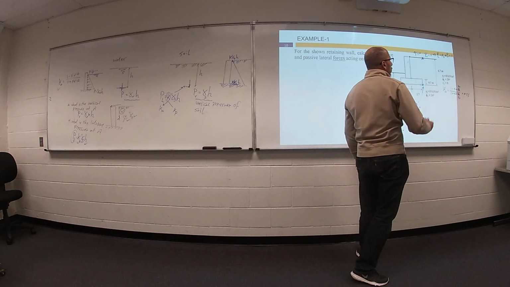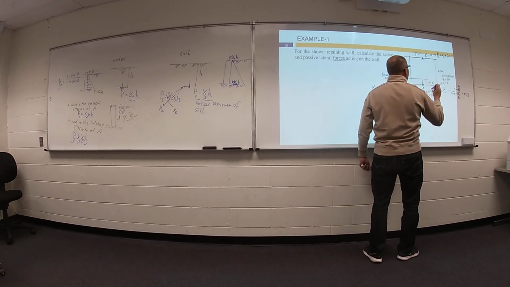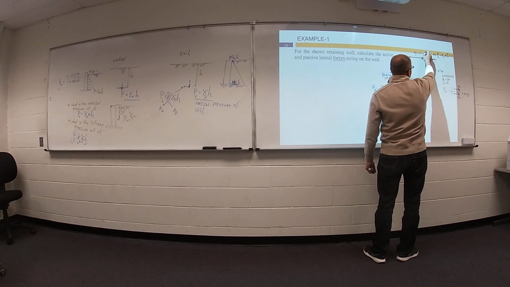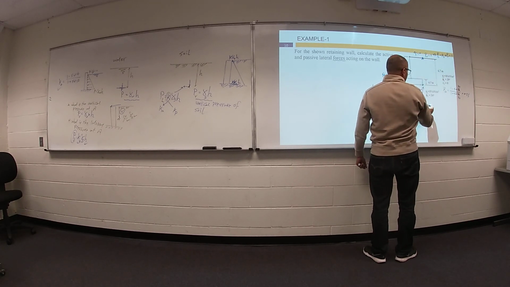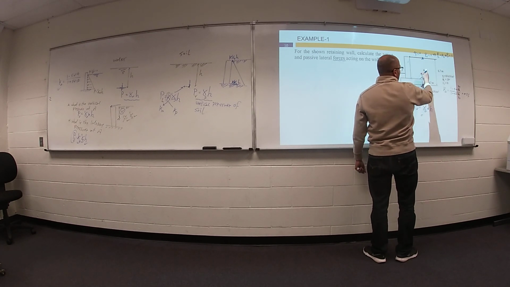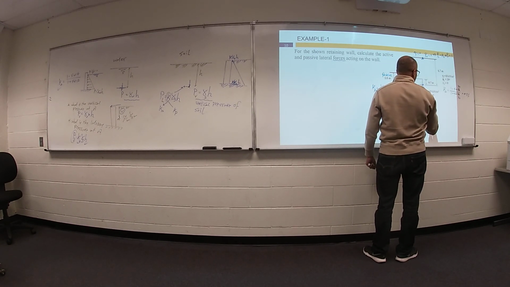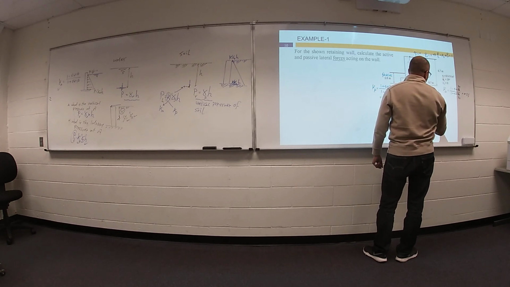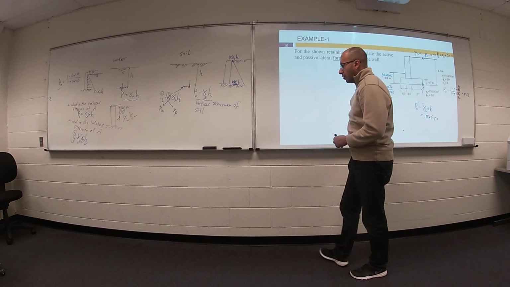Your vertical pressure of soil is everything above this point. What do you have above this point? We don't have surcharge. We have soil, gamma soil times H. What is the gamma of soil here? 18. What is the H? 6.7. What is the value of pressure?